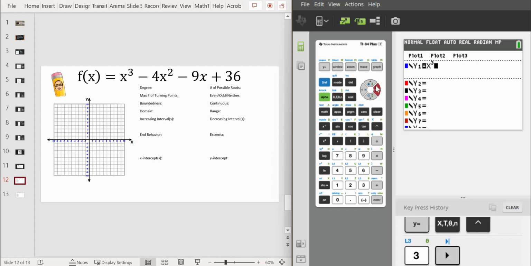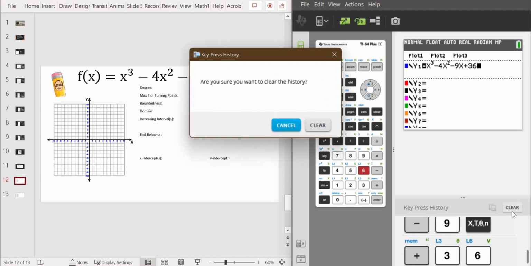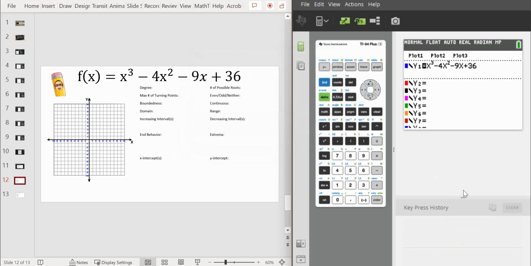And go over. Make sure you get out of exponent land by pushing to the right. Minus 4x. And then there is a squared button. It's right here. It's by the comma. Minus 9x plus 36. Okay. I'm going to clear my key press so you guys can see my key presses here.